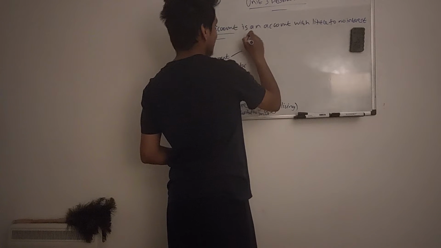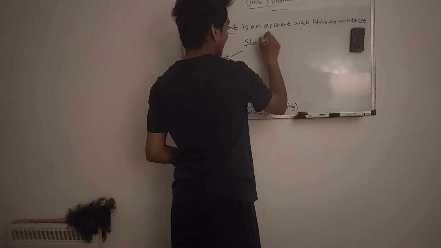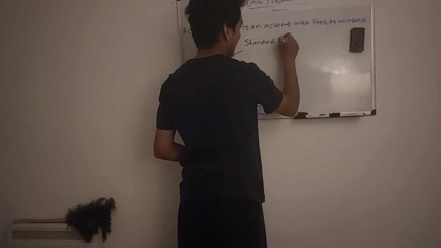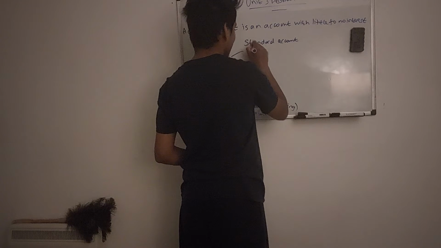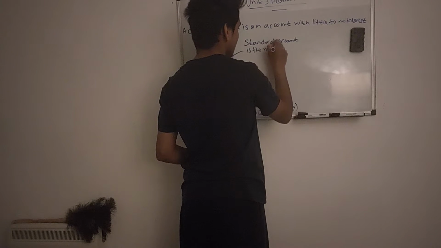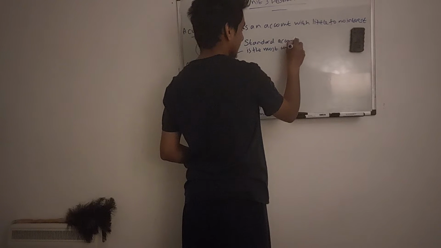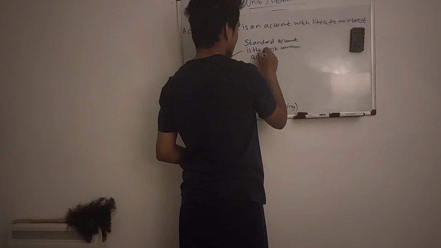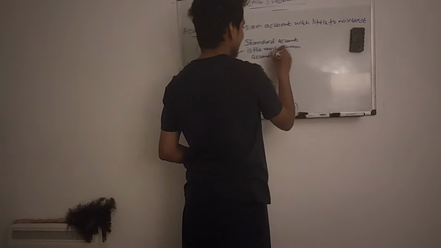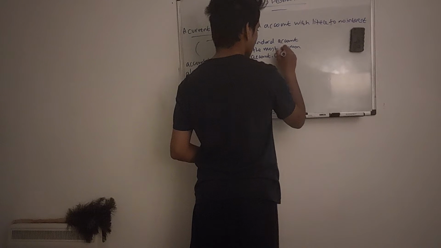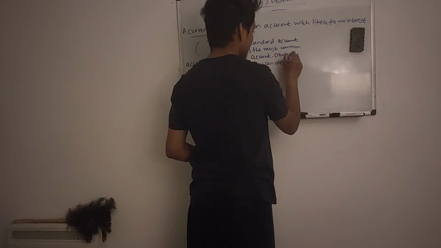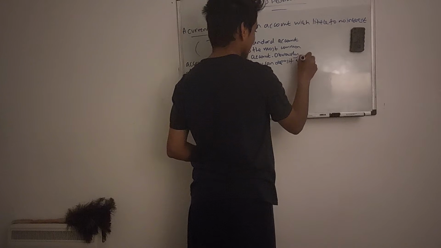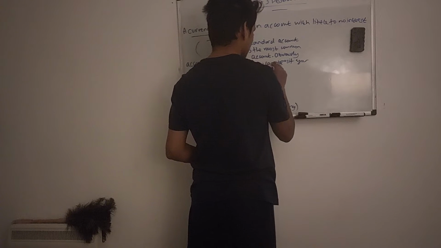So, the first account is a standard account. This is the most basic and most common type of account. Obviously, you can deposit your cash and withdraw any time.